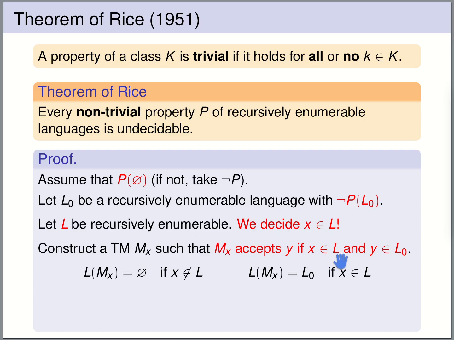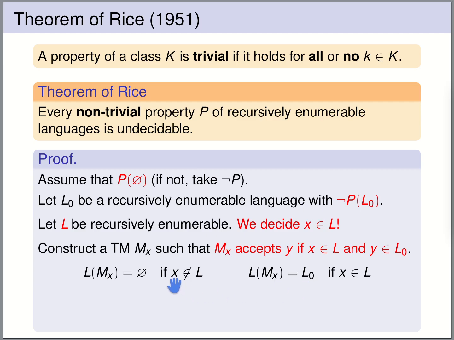If X is in L, then eventually the Turing machine for L will accept, will say yes. And then we run the second check, namely whether Y is in the language L0. So then if X is in L, then this check will always succeed. So the language accepted by MX is then the language of all words in L0, so the language L0. So if X is in L, then the language of MX is the language L0.